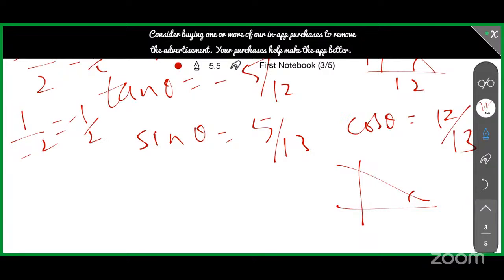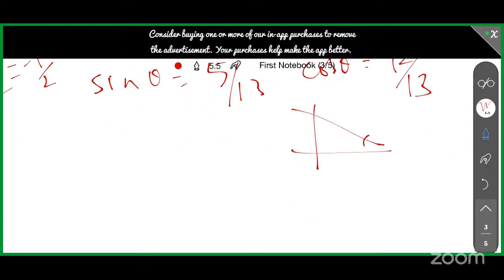So the fourth quadrant it cannot be, because in the fourth quadrant what happens? If I am taking the fourth quadrant, I am getting a negative, positive, yes or no?